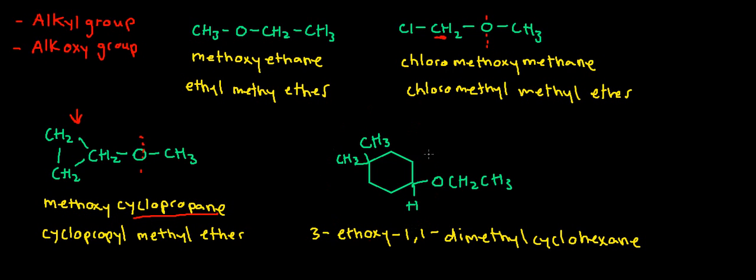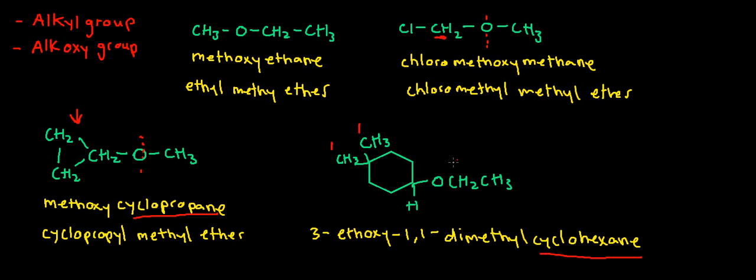Find the largest ring. 1, 2, 3, 4, 5, 6, so cyclohexane. So 1, 1. These are methyl groups. And then we have the alkoxy group.